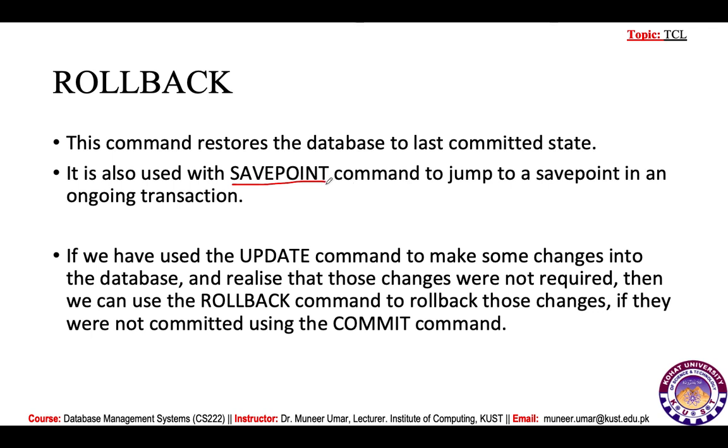So by using the save point command, we can jump to a particular point in the transaction. So rollback can be used with save point command. It is just like go to command in some other programming languages, but that concept is a bit different. That is used to shift the control, but here we actually revert changes to that particular point.